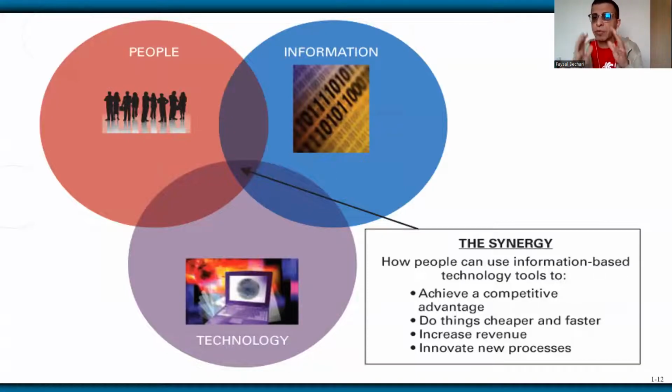Make sure it is people, information, technology, and the synergy of that is how people can use information-based technology tools to achieve a competitive advantage. Do this in a cheaper way and a faster way, increase the revenue, and innovate new processes.